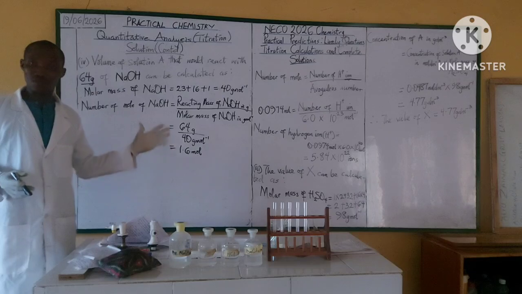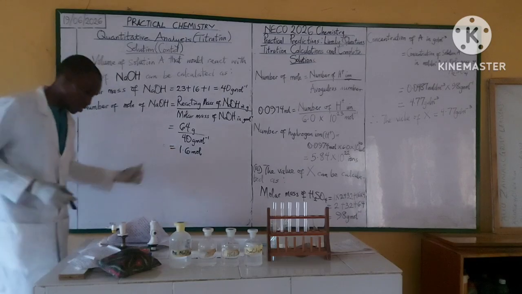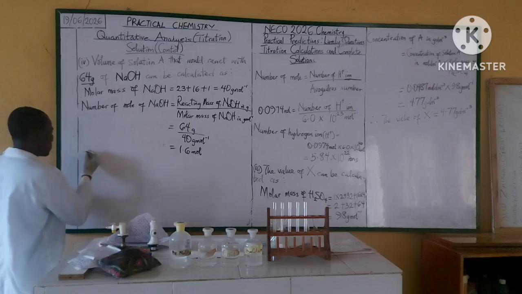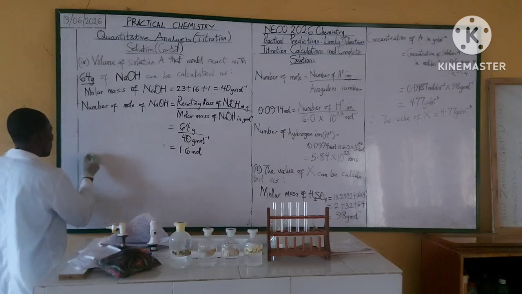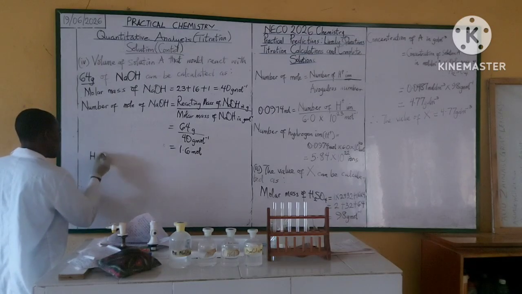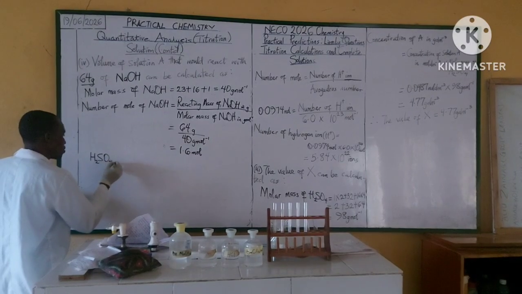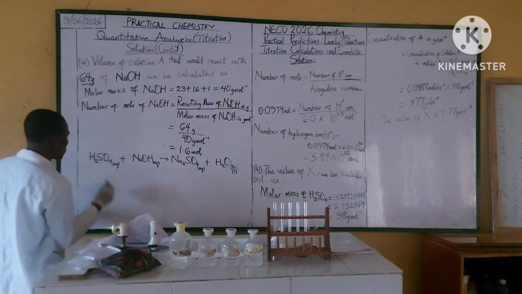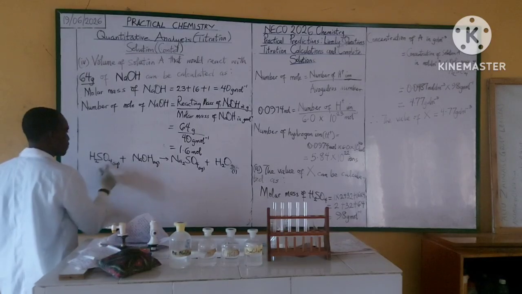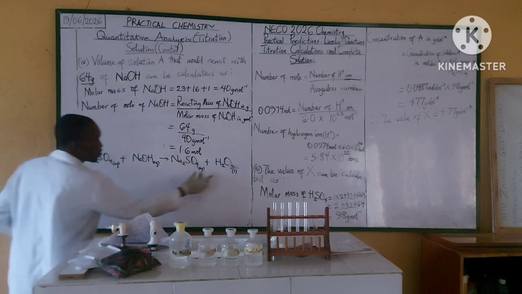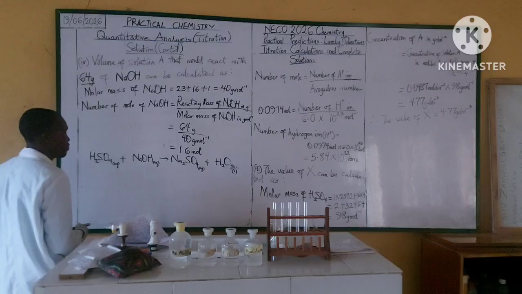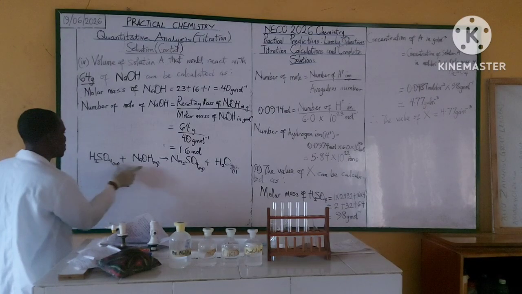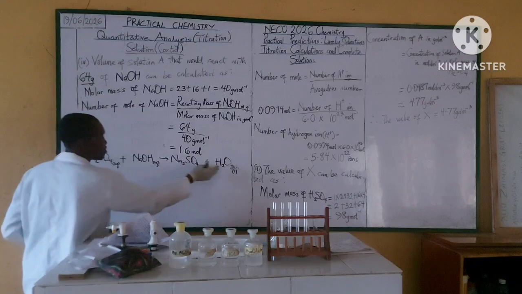Maybe I should write the equation: H2SO4. Having known that, you quickly do the balancing of the equation. Oxygen altogether at this side is 5, altogether at this side is 5. Now we talk about hydrogen. Hydrogen is 3 at this side, hydrogen is 2 at this side.